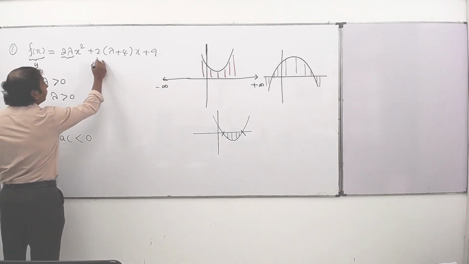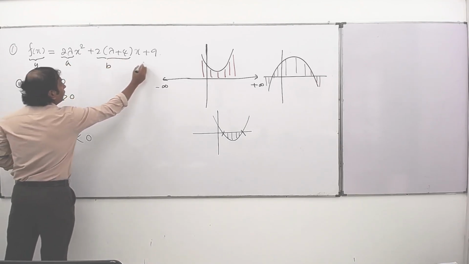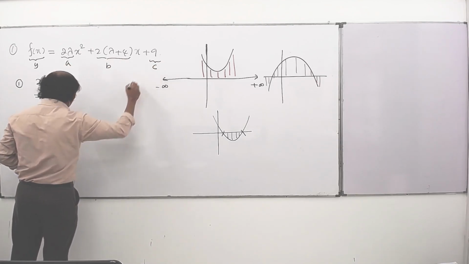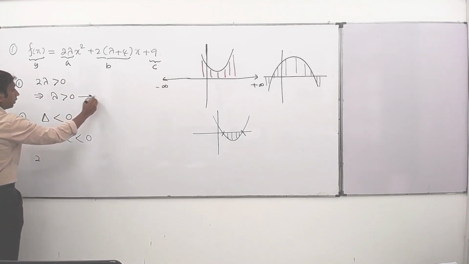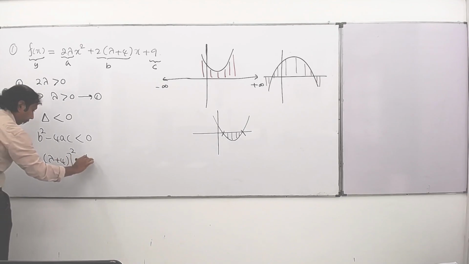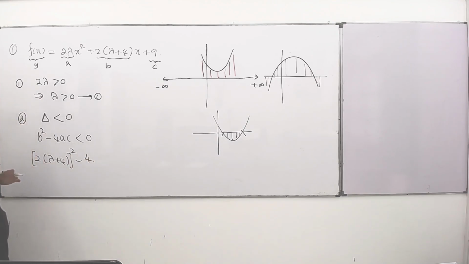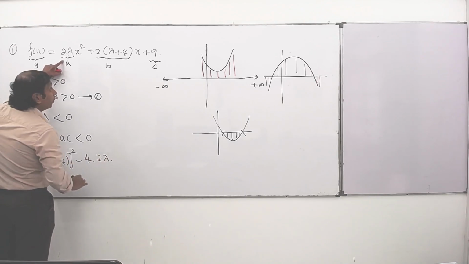b means this figure, a is this, c is this 9. Square b and substitute here. This is the first condition: lambda should be positive. b squared means 2 times (lambda plus 4) squared, minus 4 times a, which is 2 lambda, times c, which is 9.